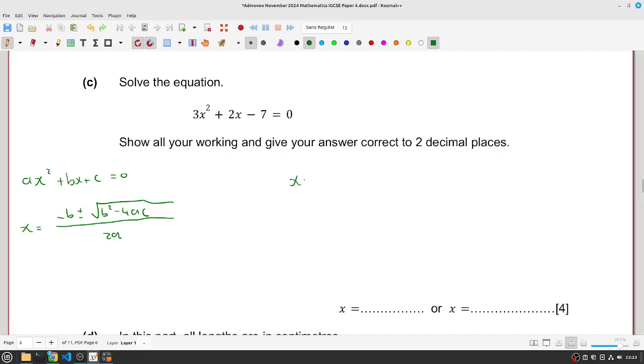So we're going to say x equals. In this case, that's our A, that's our B, and that's our C. Coefficient of the x squared is A, coefficient of the x is B, and the constant is C. So negative B plus or minus, and if you're ever unsure, you can always add more brackets. They cannot harm you.